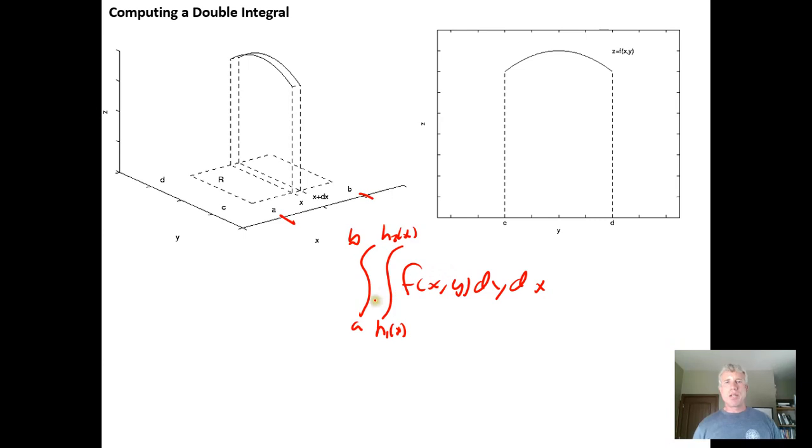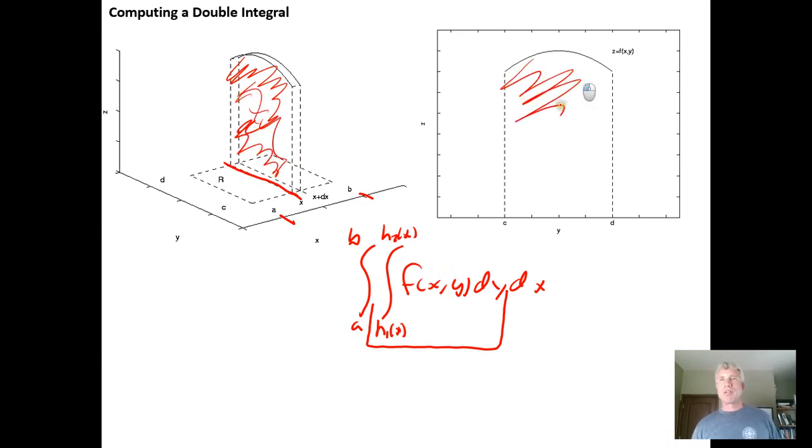So if you think about it, when you do this first integration and you're holding x constant, for each constant x, you are finding the cross-sectional area, right? This integral here is just an integration with respect to one variable, which gives you an area under a curve. You get a cross-sectional area.